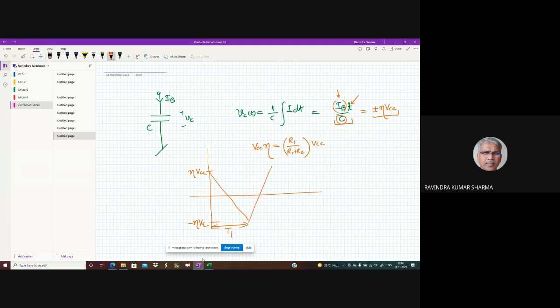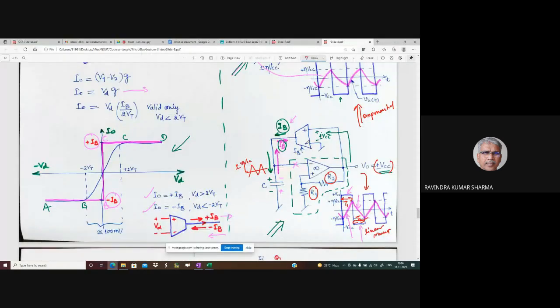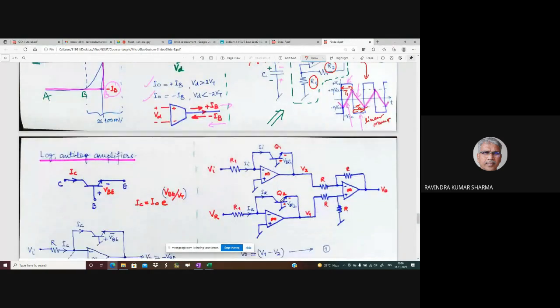Similarly, this starts at minus eta VCC, goes up to plus eta VCC, and that's, let us say, T2. So you can find out T1 and T2 from this equation, and therefore frequency can be computed. That's the nonlinear application of OTA. Of course, in collaboration with the op-amp nonlinear circuit. Correct?